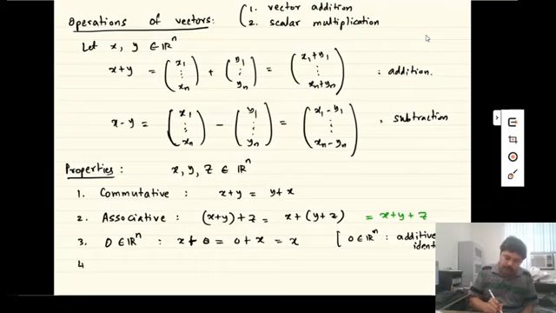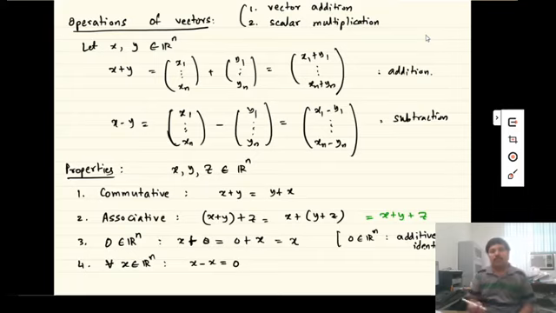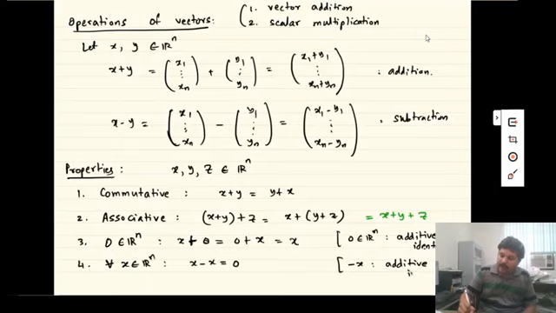And the fourth property is a very simple property based on the third property, that for every x in Rn, x minus x is 0. So I subtract the same vector from itself, I get a 0. So this minus x is actually called the additive inverse. Why is it called additive inverse?